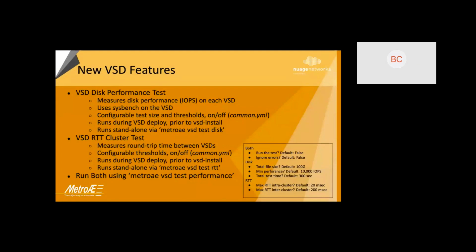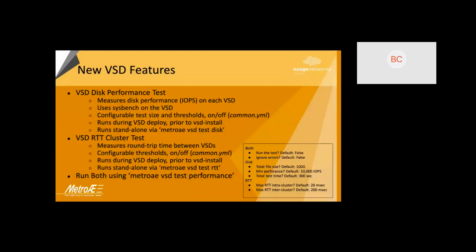The first one is a VSD disk performance test. It basically measures the IOPS that each VSD is capable of to its own file system. Built into the VSD is the sysbench tool, and that's what we use to do the testing. And we provide knobs that allow you to configure the size of the test, the minimum threshold, and to turn on and off a couple of things related to the testing.